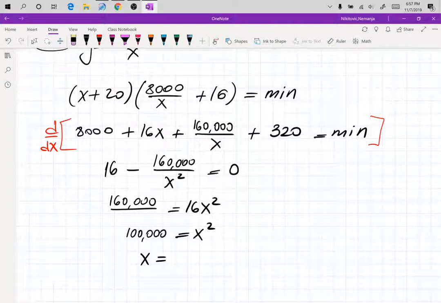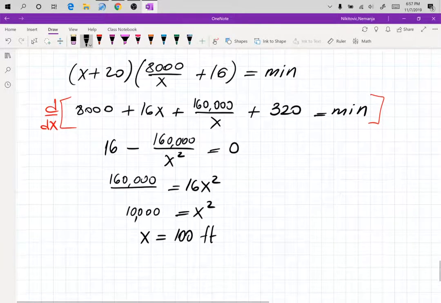It's 10,000. So it is a nice square root, which is 100. Yeah. No, it's okay. All right. So 100 feet.